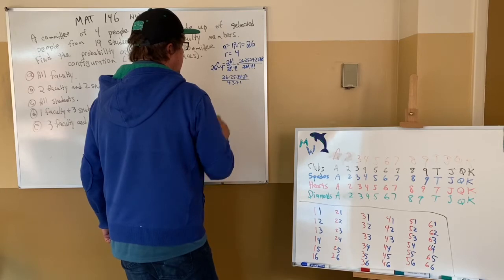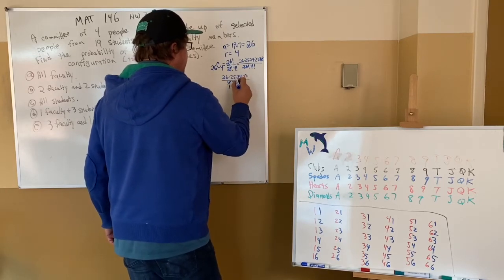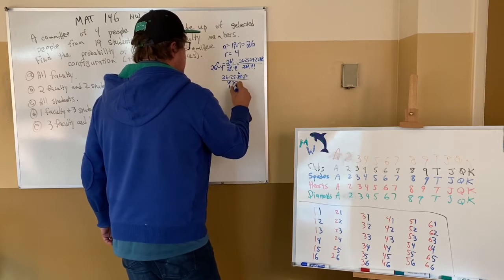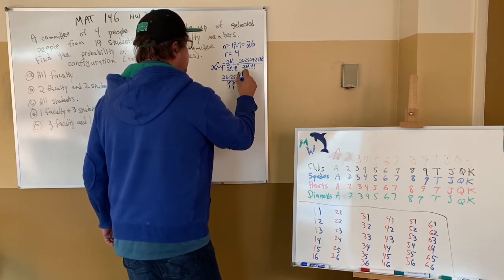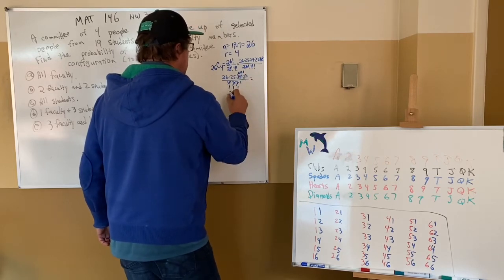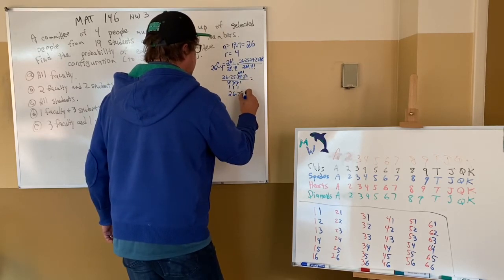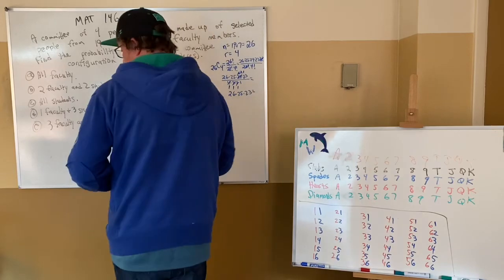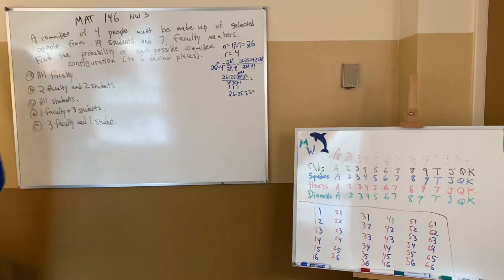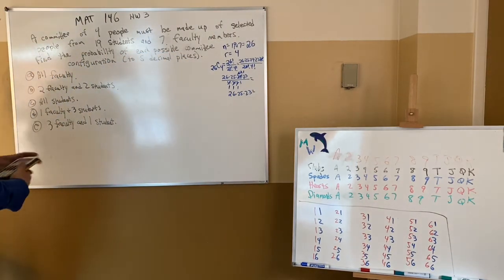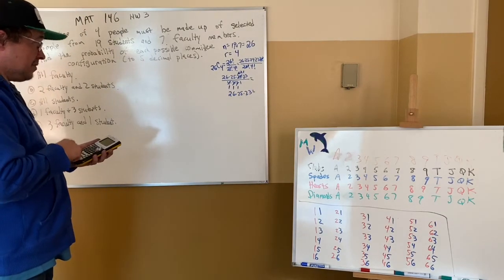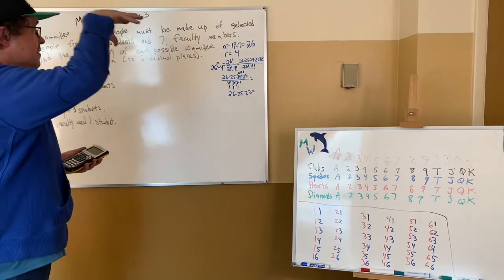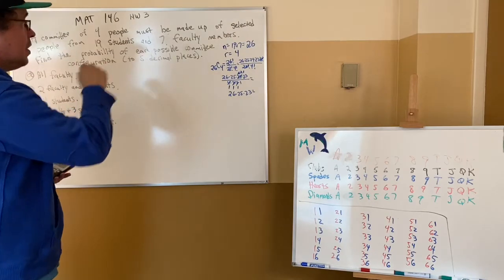So I'm going to take 4 divided by 4, 24 divided by 4, gets me 6. 3 divided by 3 gets me 1. 6 divided by 3 gets me 2. 2 divided by 2 gets me 1. What we're left with here is 26 times 25 times 23. And that's the denominator of each of our answers. Every time the denominator is 26 choose 4.